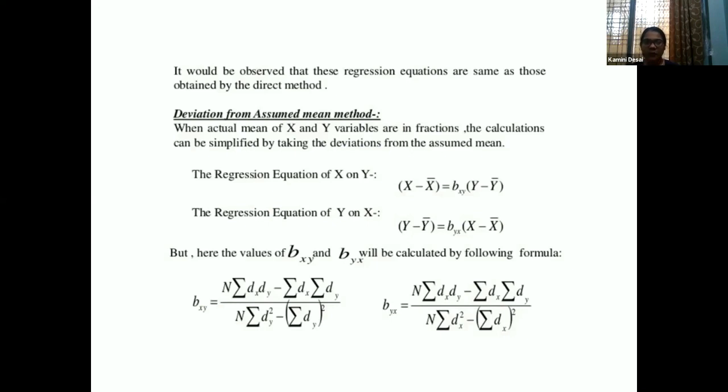We have to put sum of x, sum of y, sum of x into y, sum of y square, sum of y whole square. Here we are not calculating that way. We are assuming the mean. So we are taking the mean x equal to 7 and y equal to 6. That's why this formula is a little different.